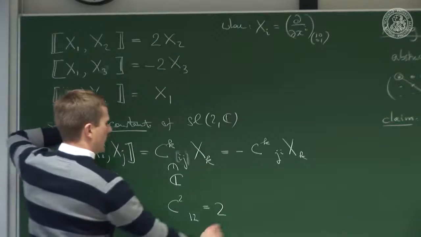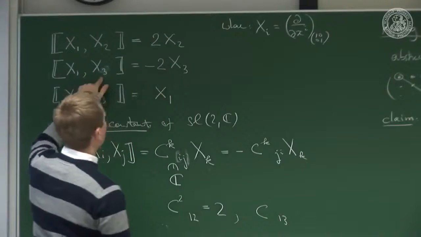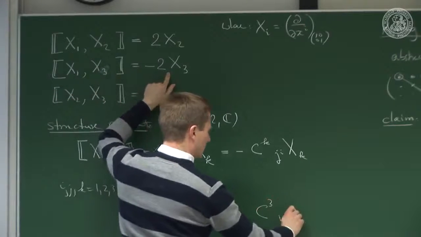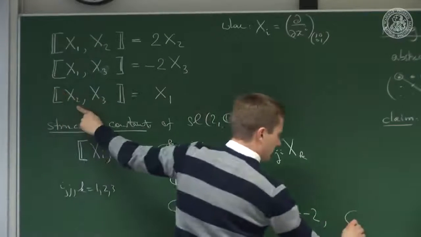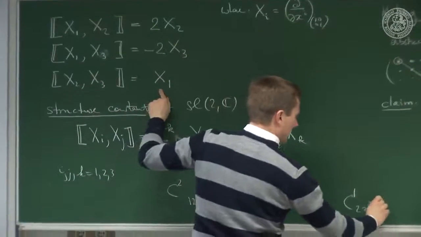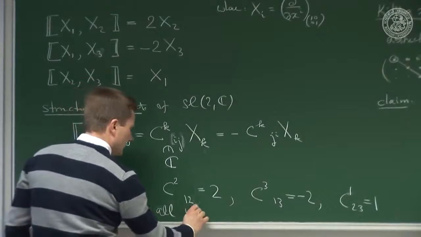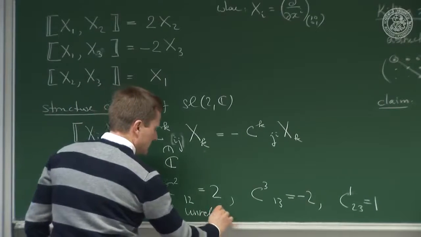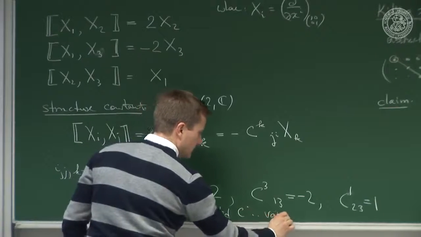Then we have here the C1 3, only has a 3 component up here, that's minus 2. And finally, C2 3 only has the 1 component here, and that is 1. And all unrelated C's vanish.